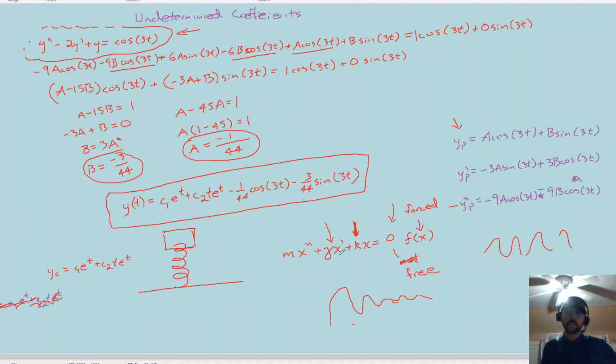And you'll notice that this is the derivative of position, so this is the same as velocity. And this is the second derivative of position, so this is the same as acceleration, and it gets multiplied by the mass. So if this up here had represented a spring, the mass would have been equal to 1.